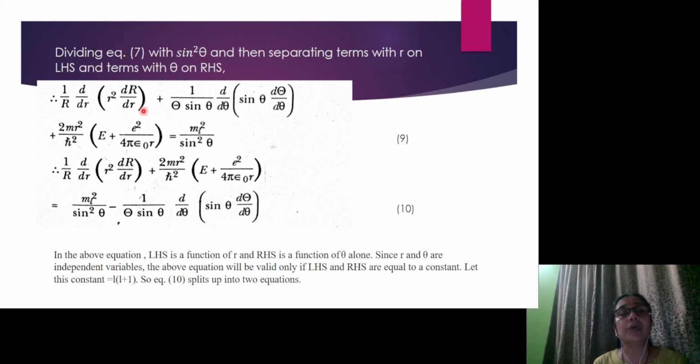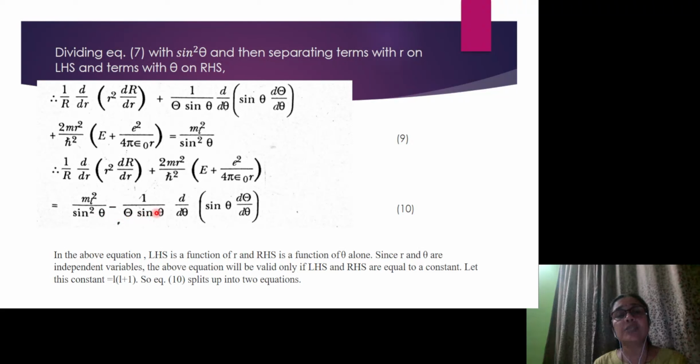If you look at this particular expression, the first term has only r, this term also has only r, these two terms contain only theta. So we will take these terms containing only r together, the terms containing only theta together.